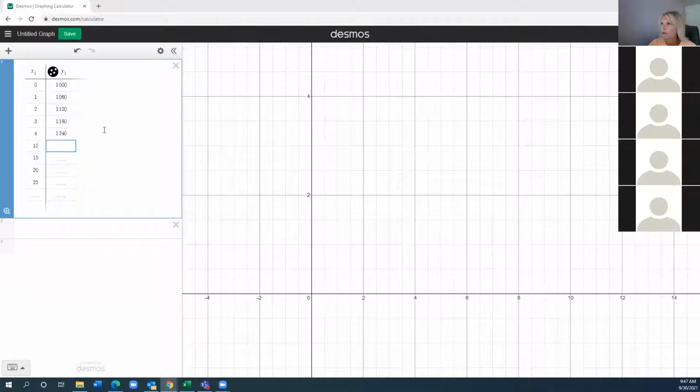So I'm going to go to Desmos. Can everybody see my Desmos again? Yeah. And I've got my time, and my start year was 0. And then my black column right here is going to be my account 1. And I'm going to click and make another column, and that's going to be my account 2. So they're side by side. Oh, I keep doing this. I got to name that Y2. You can name it whatever you want.